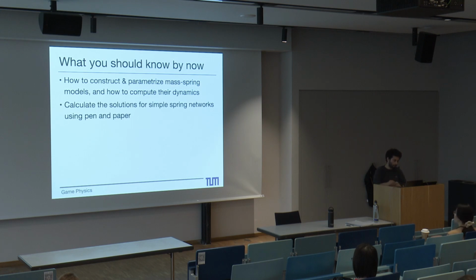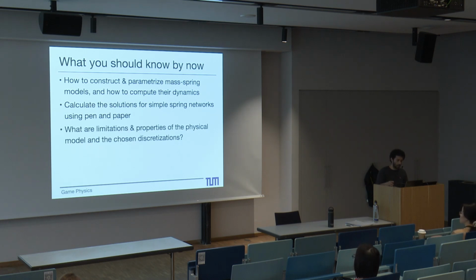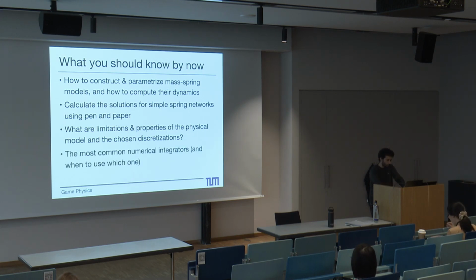We are able, in principle, if willing, to calculate by hand the solution of very simple spring networks, as was seen mostly in the tutorial session, and know what the limitations of the model are, also based on the discretization and the integration system that we are considering. On top of that, we know the different integration methods and which one we would like to use depending on the different requirements that we have.